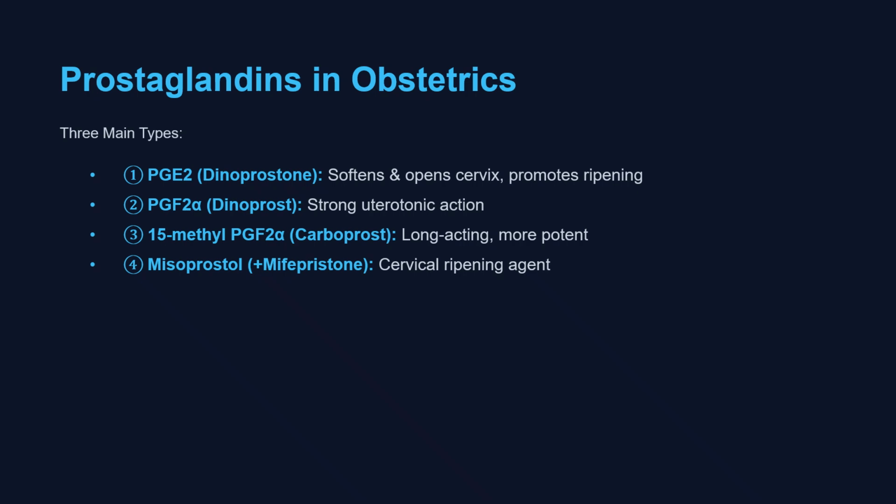Now prostaglandins. In simple language, they are mainly used in late pregnancy, for promoting cervical ripening. Ripening means making the cervix soft and open, which can be complicated in late pregnancy women.